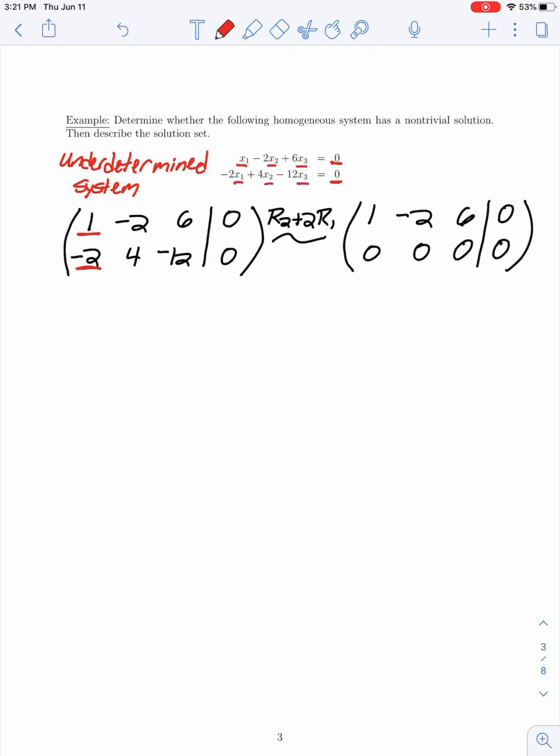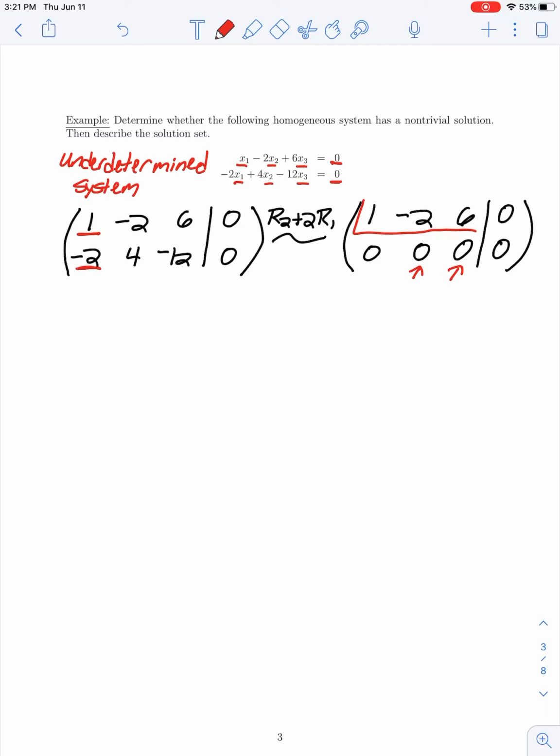This matrix in reduced row echelon form only has a single pivot column, namely the first column. And there are two columns, namely column 2 and column 3, which do not have a pivot position. Therefore, each of the variables corresponding to those two columns will be a free variable.